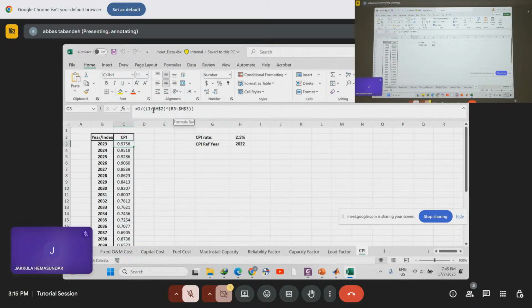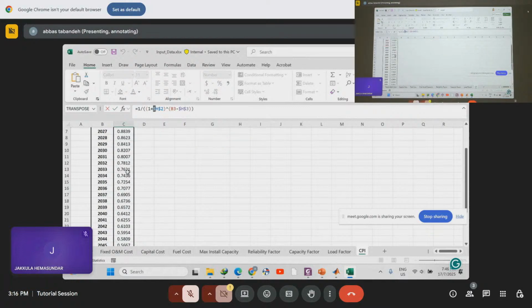As you can see, this value is constant, and the reference year is 2022. For each year we need to calculate the capital recovery factor until the end, and we need to multiply it by the planning cost in each year.